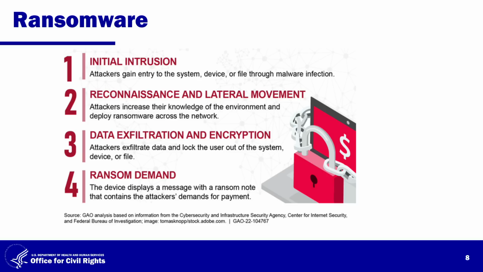Next, sensitive data is exfiltrated, usually to blackmail the affected entity into paying a ransom by threatening to publicly release the exfiltrated data. But the attacker may also seek additional payment by posting the data for sale on dark web forums once exfiltrated. The data is encrypted to deny access. And finally, a ransom demand is made.